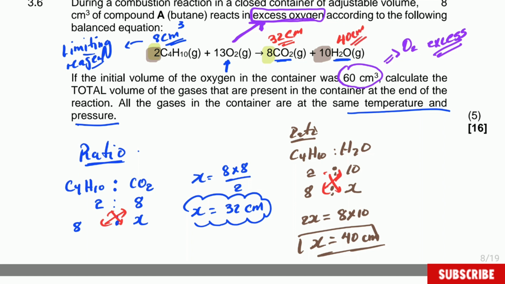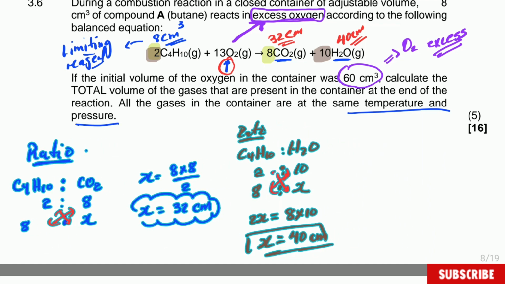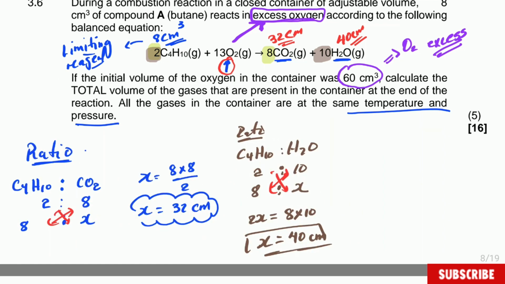All right. Now what do we still have to get? The leftovers of oxygen. So we are going to do the ratio again. Let me move all these things a little bit to the left to save space. Okay. So we're going to use the same ratio once more, in this case C4H10 to O2, because we need to know how much of the O2 was used up.